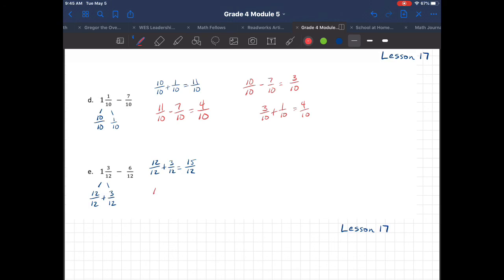Last one, 15 twelfths. Remember to pause this. If you're not sure how I'm getting this improper fraction, go back and take a look there. Minus 6 twelfths equals 9 twelfths.